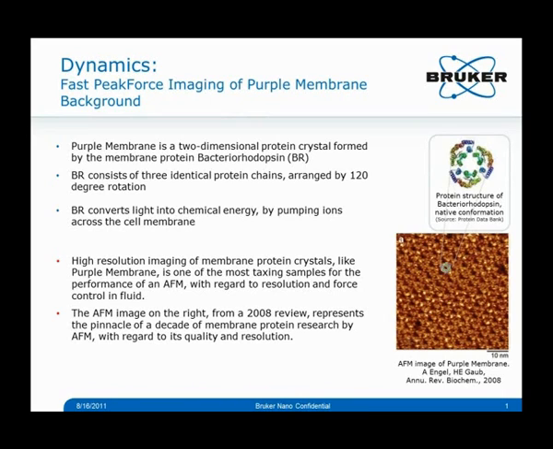High-resolution imaging of membrane protein crystals, like purple membrane, is broadly recognized as one of the most taxing samples for the performance of an AFM, with regard to resolution and force control in fluid.